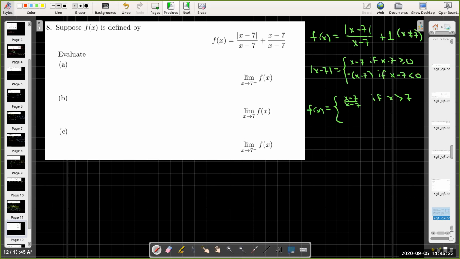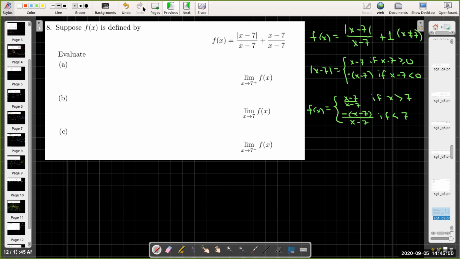Now note, it can't equal 7 because I have x minus 7 in the denominator. And the function f of x will be the opposite of x minus 7, so a negative sign out in front of it, over x minus 7 if x is less than 7.